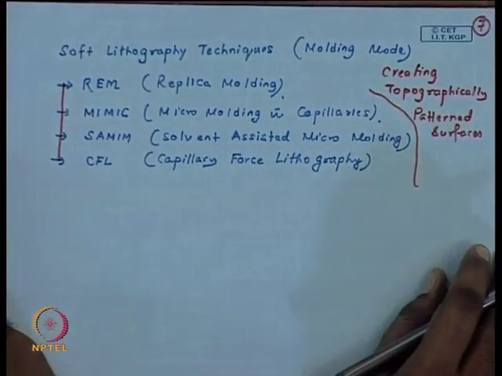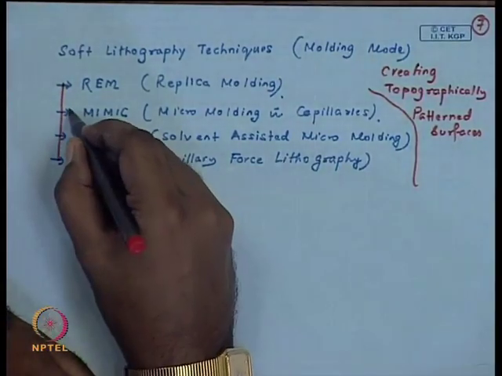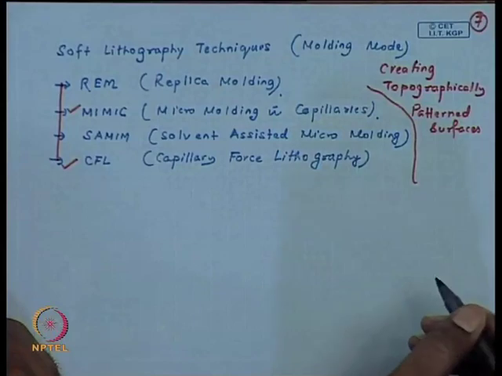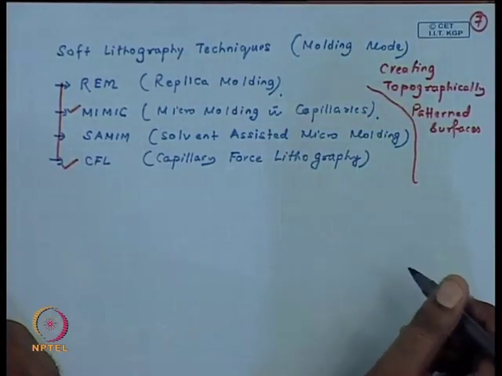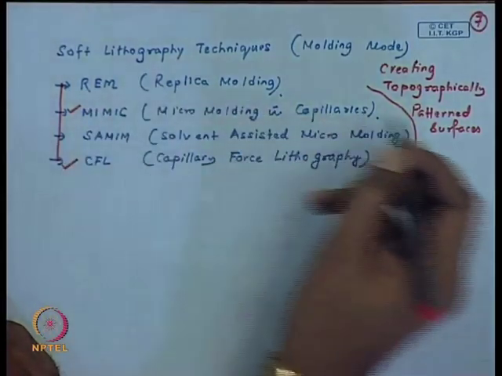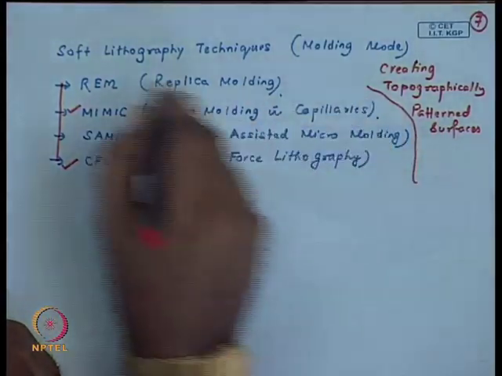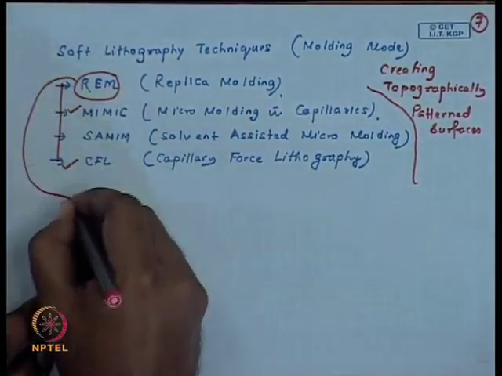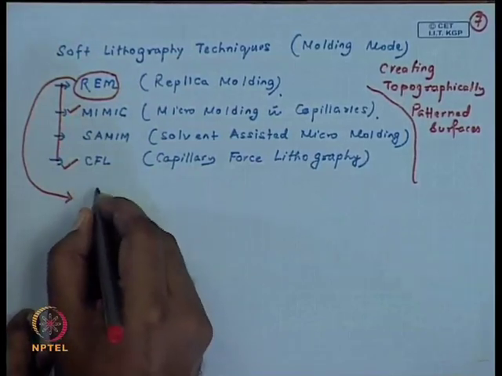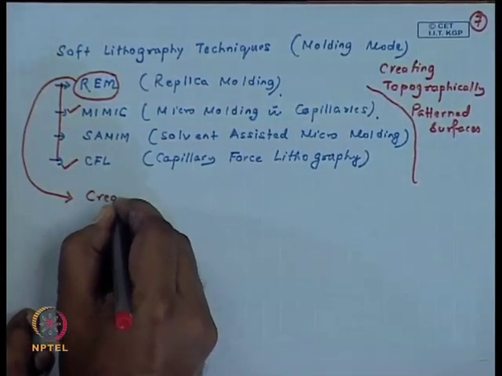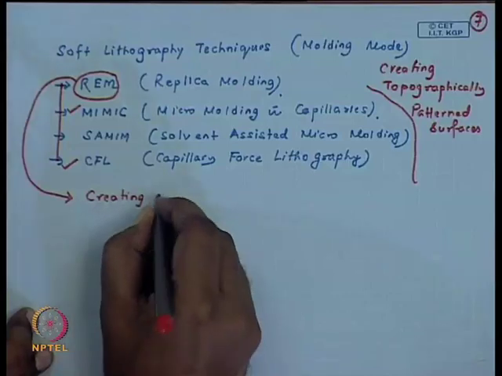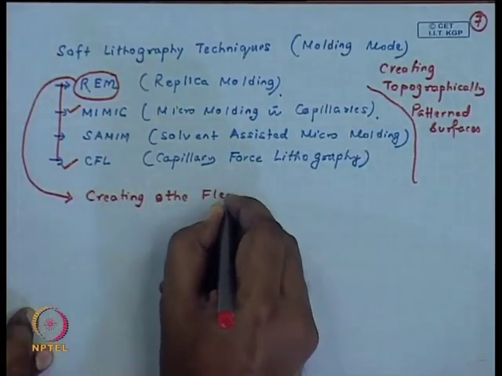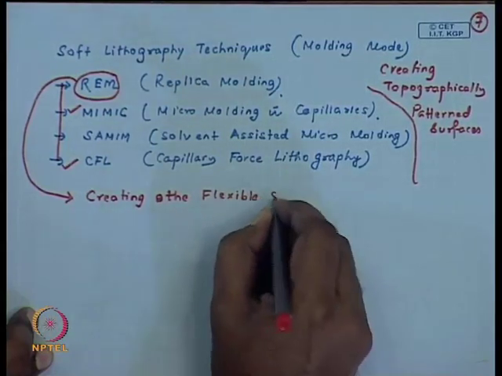Out of them you will find that these two are the key techniques, micro molding in capillaries and capillary force lithography. Of course, REM, that is replica molding, is also very important. Often you may want to remember that replica molding is the technique one uses for the creation of the flexible stamp itself.